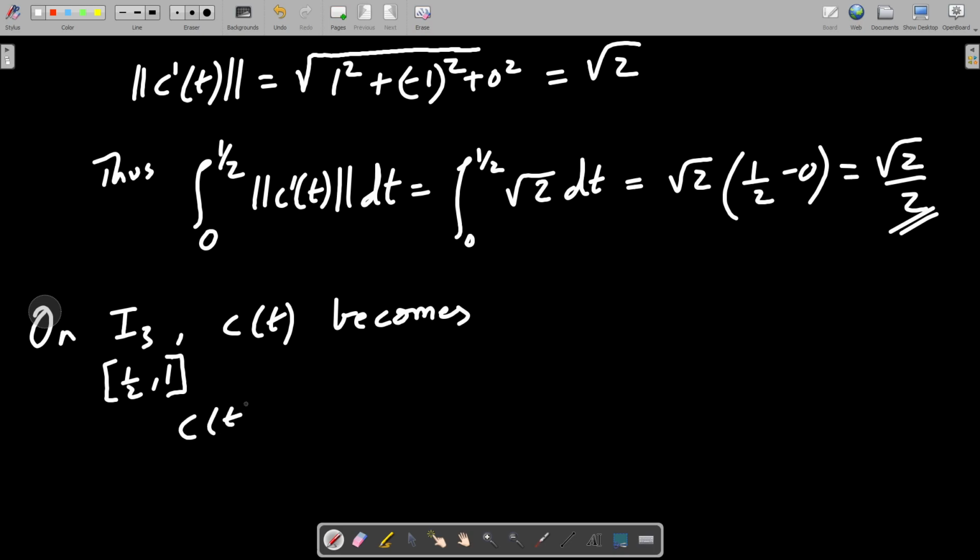So t is greater than 0 and greater than half also, so it will be t minus half and 0.